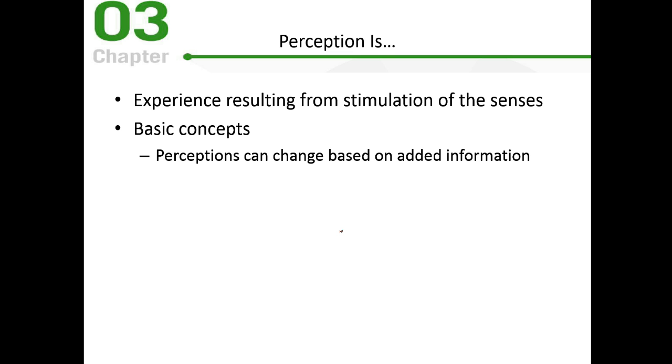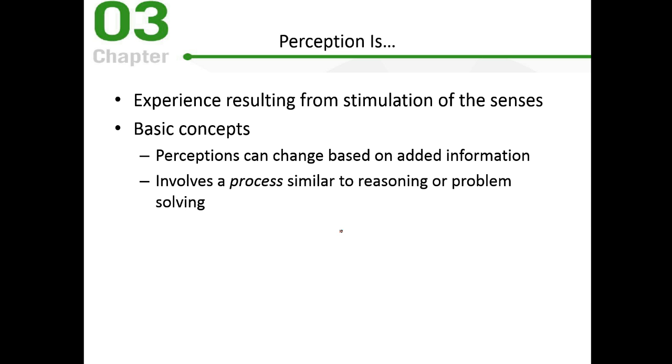That sounds very simple, but it's actually a very important concept. Another important concept to remember is that perception involves a process that's very similar to reasoning or to problem solving. Again, perception is not just cut and dry.